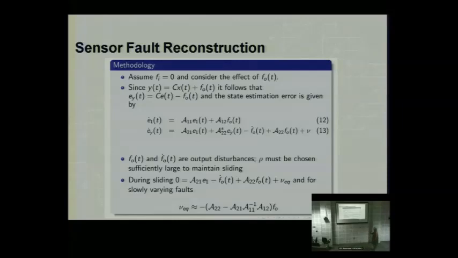So they're assuming that this is small. And so for that, you can actually get some information directly relating the sensor fault from the equivalent injection signal.